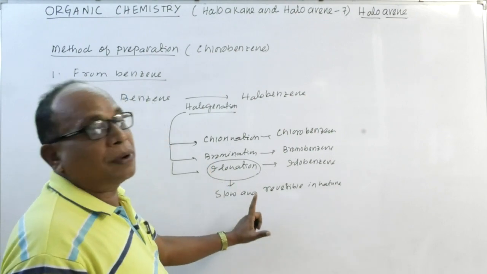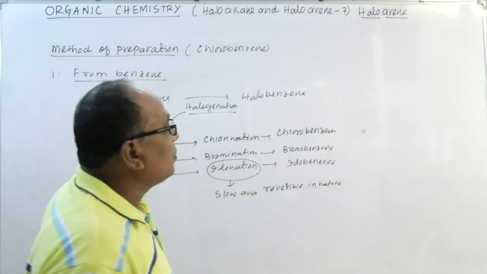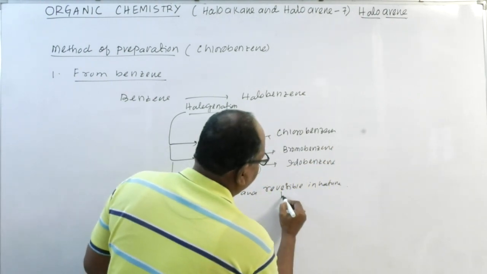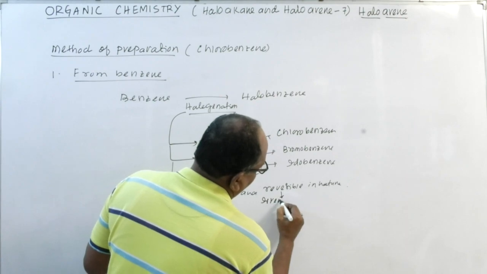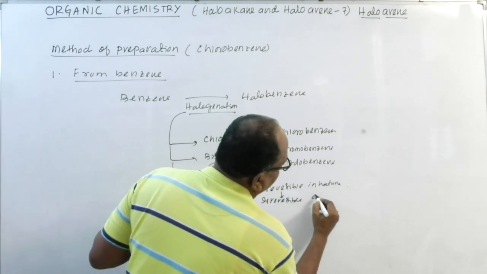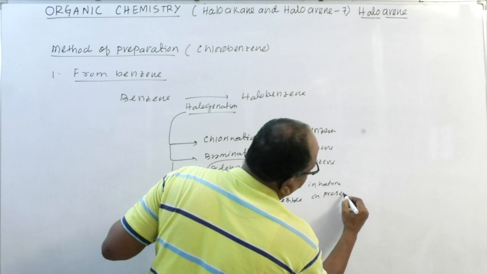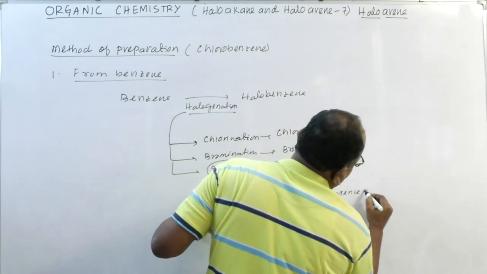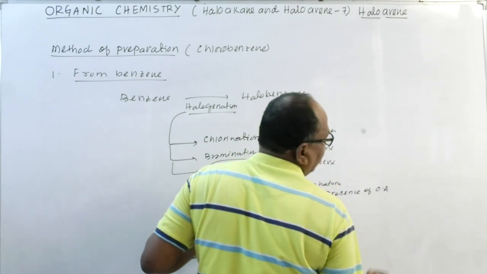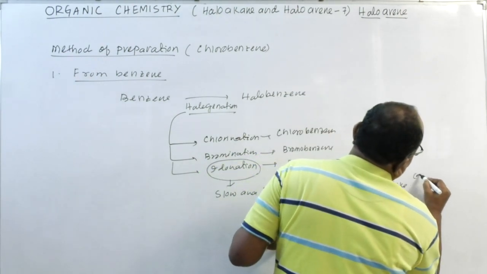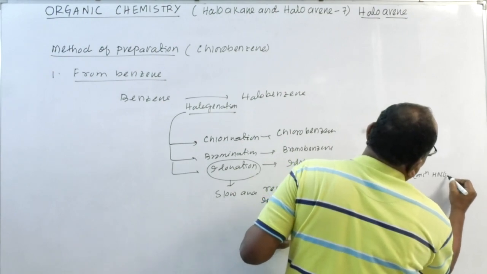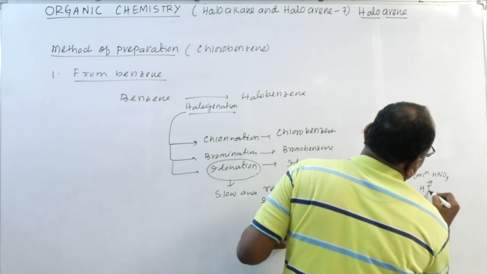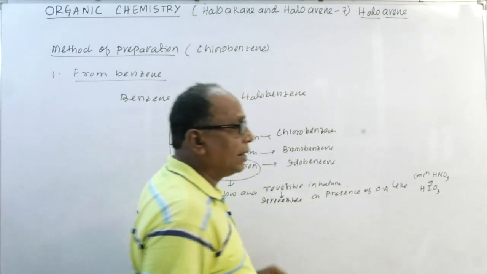To make the iodination irreversible, it becomes irreversible in presence of an oxidizing agent like concentrated HNO3 or HIO3, iodic acid.